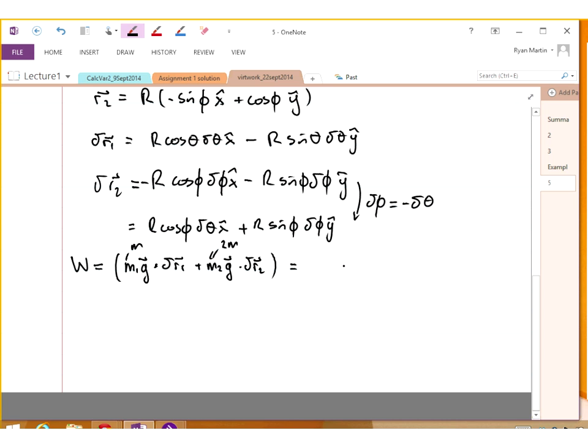So the first term, the weight is minus mg in the y hat direction.